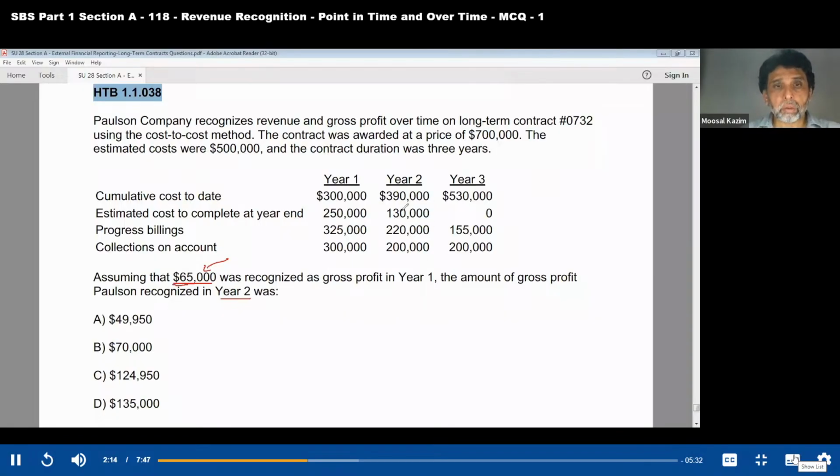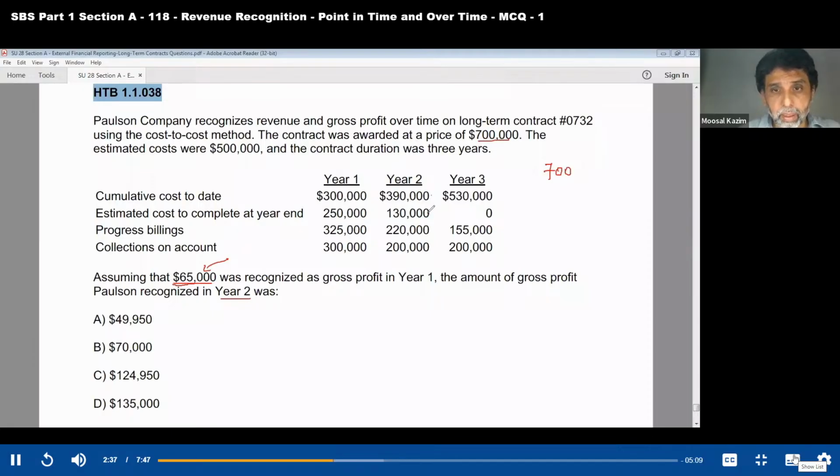In year 2, we'll estimate the profit first. 700,000 is the contract price. Cumulative cost up to the period is 390, and then the estimated cost yet to be incurred to complete the project.